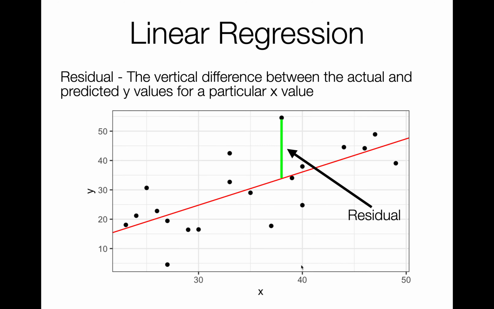So at x equals 37, where I am there, I have the predicted value, which is the line at that point, where the line crosses a vertical line at the specific x value. And I have the actual point. We need actual data to do this, so there are actual points, and I look at the vertical difference between the two. So that's a residual.